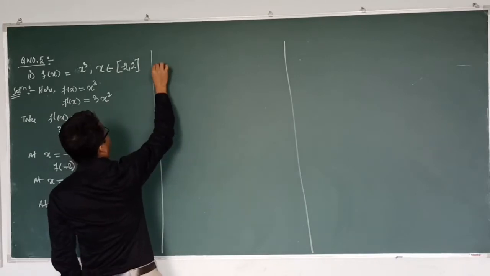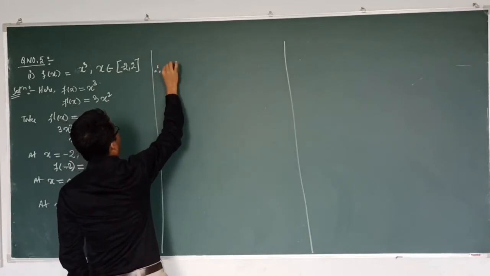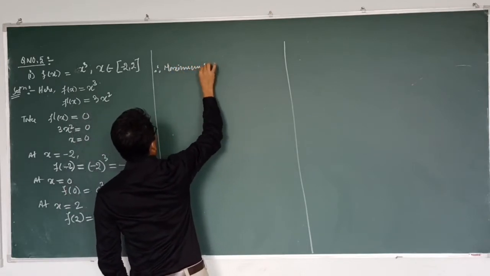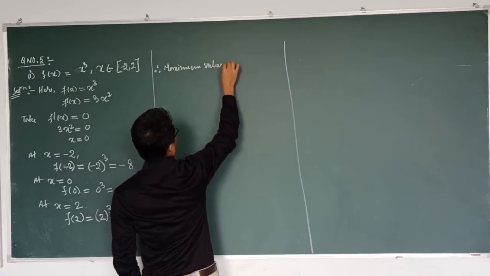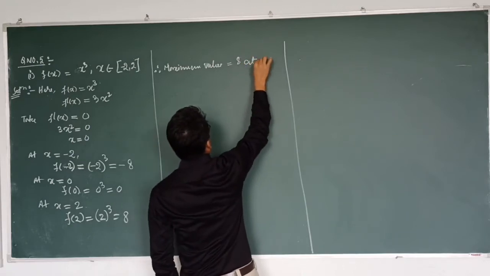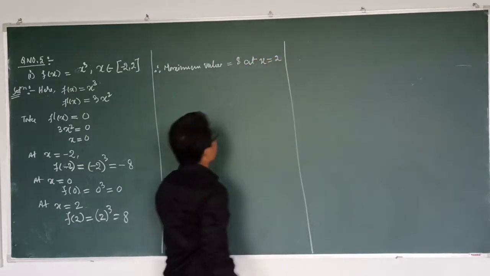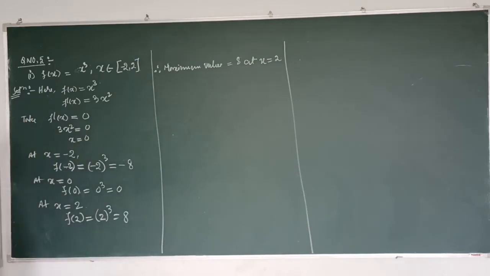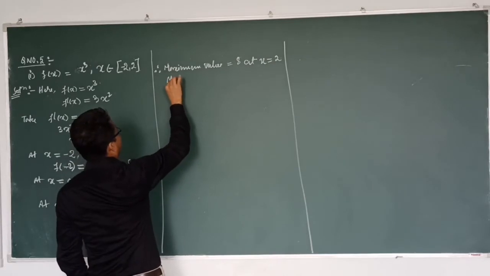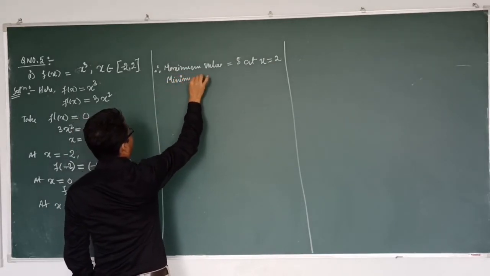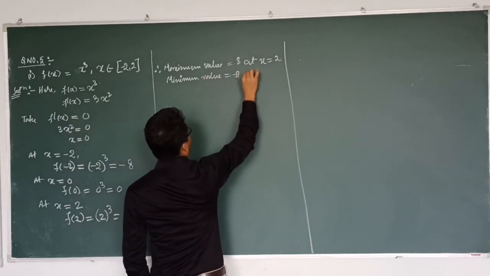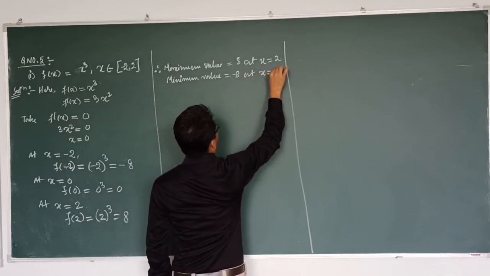So we write, therefore, the maximum value is 8 at x equal to 2, and the minimum value is -8 at x equal to -2.